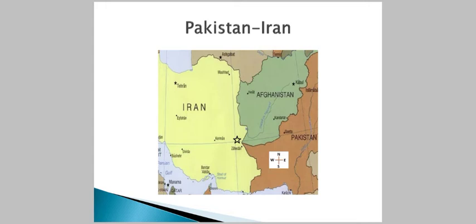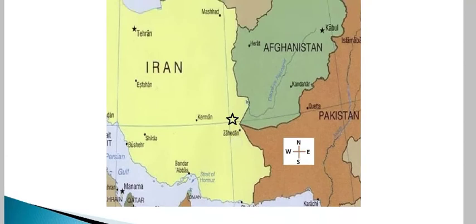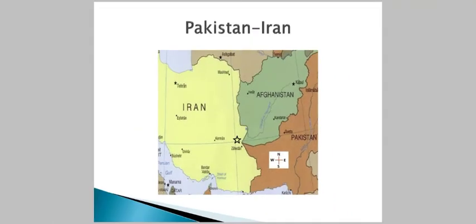This border was a peaceful border, but currently it is also one of the problematic borders. And here you can see the city of Zahedan. This city was once part of Pakistan. When Pakistan got independence in 1947, this was a part of Pakistan, but later on during the reign of Sikandar Mirza, we gave it to Iran.